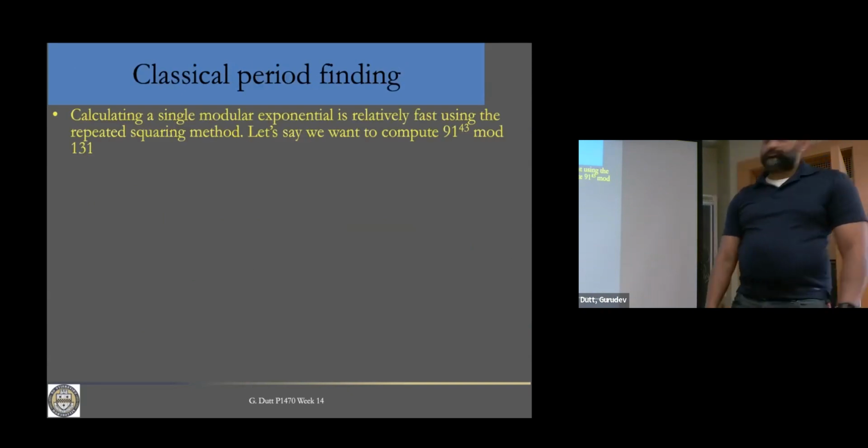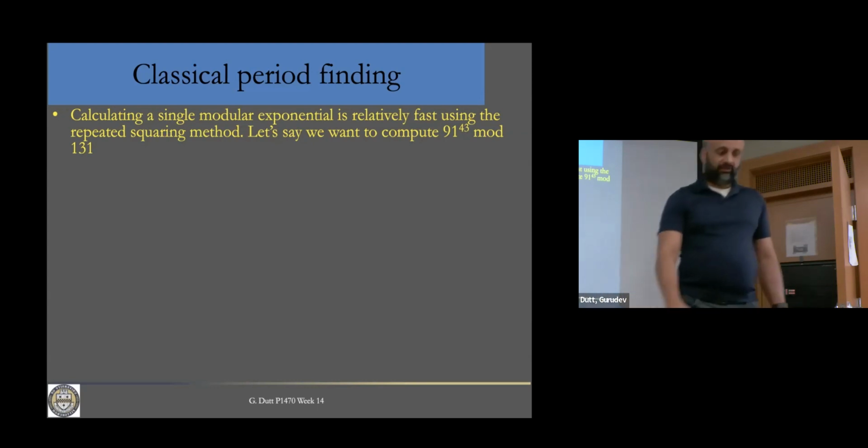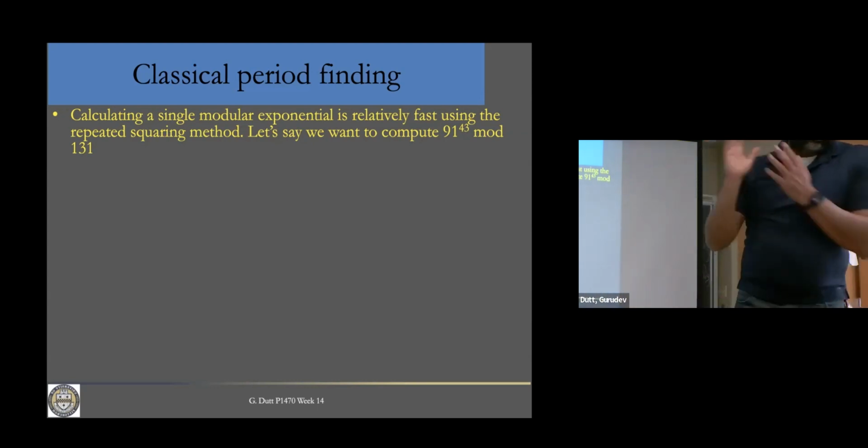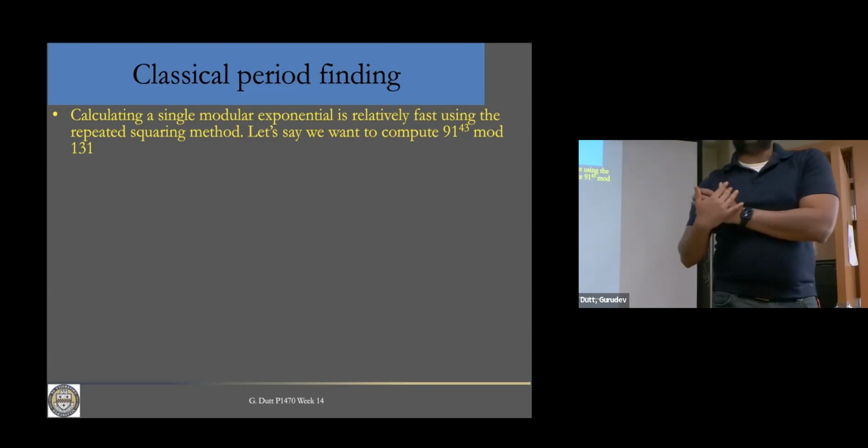Okay. So we can calculate any one modular exponential quite easily. Finding the period for that, we can do it using what's called the repeated squaring method. Or what I mean is we can just calculate that modular exponential, but finding this r is still very difficult because we have to calculate many of them.